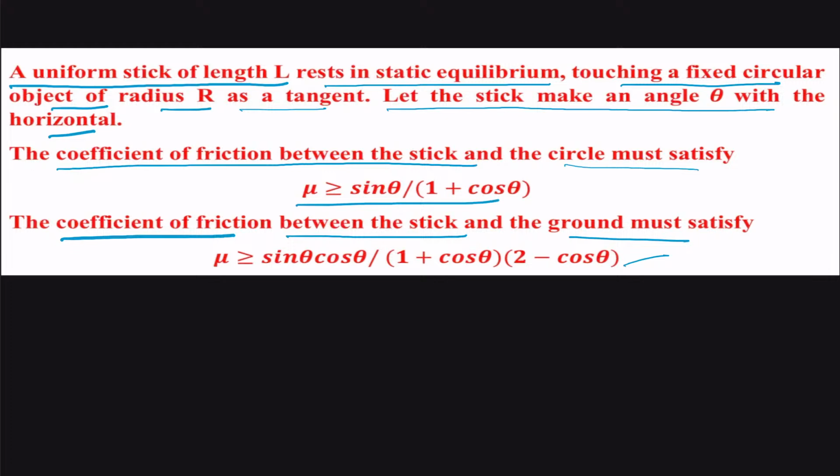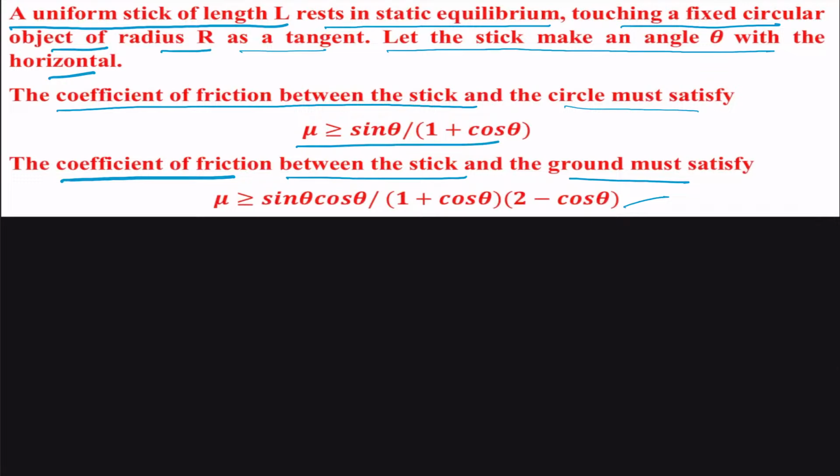And in this case we are given that the length is our L. Okay. So we can just draw the basic figure for it. So suppose this is our circular object and it is placed on the ground, something like this, and then a stick is acting as a tangent, something like this, of angle theta.